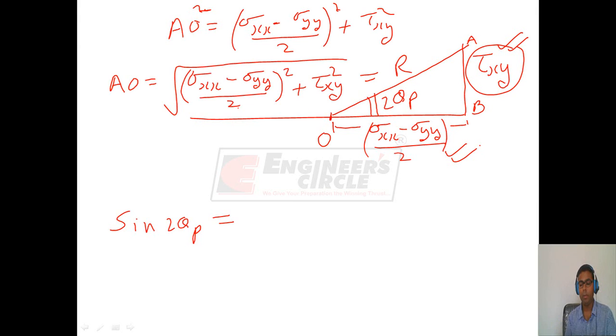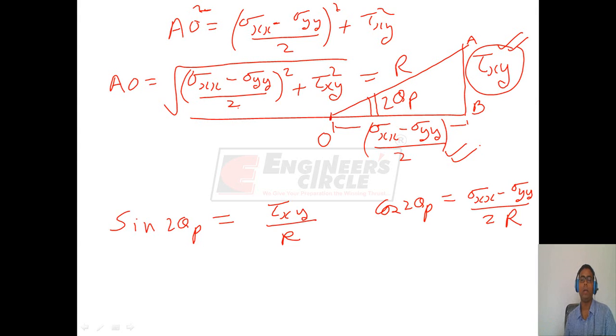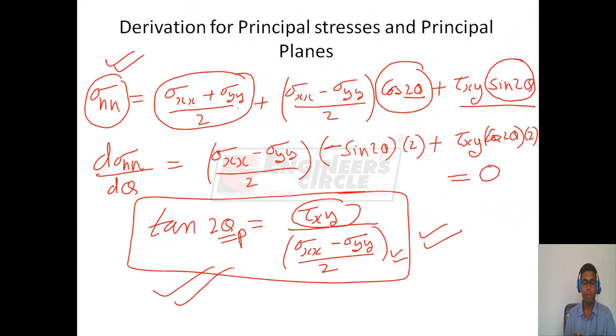So sin 2 theta p becomes tau xy upon r, and cos 2 theta p becomes ((sigma xx minus sigma yy)/2) by r. We will put these values of sin 2 theta p and cos 2 theta p in the equation of sigma nn to get the maximum or minimum value of normal stresses at a point.